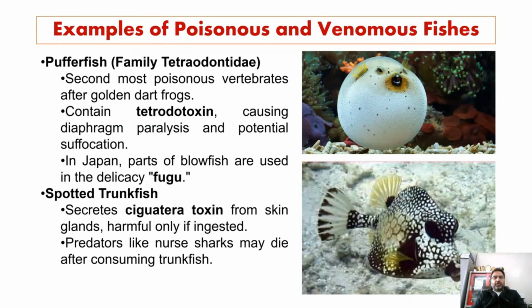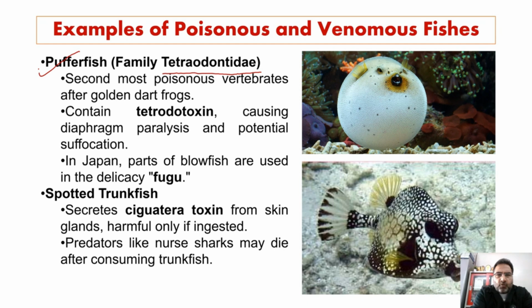Now let us talk about certain important examples of venomous and poisonous fishes. In my first slide I talked about the pufferfish, which belongs to family Tetraodontidae, for example the Tetradon genus.